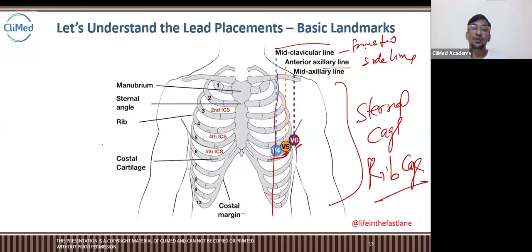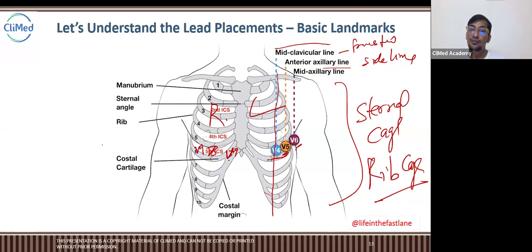So the mid clavicular line is this. At the mid clavicular line we put V4, then V5 at the anterior axillary line, and V6 at the mid axillary line. Just opposite to that, on the right side, we put V7, V8, V9.